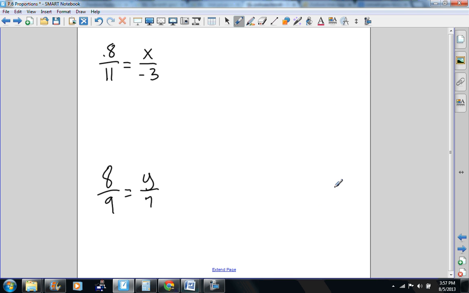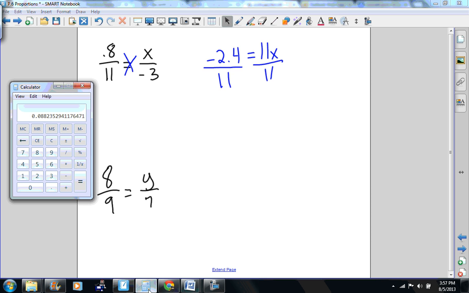Try these on your own. For the top problem, 0.8 times -3 is -2.4. And x times 11 is 11x. Divide by 11. Now this one I can't do in my head.